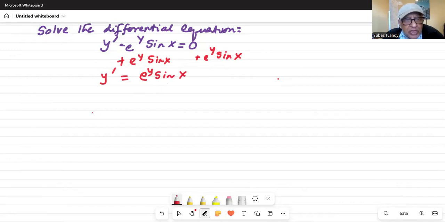Now y prime is the first derivative of y with respect to x, so I have dy by dx is equal to e to the power of y sin x. Now I will multiply by dx on both sides.